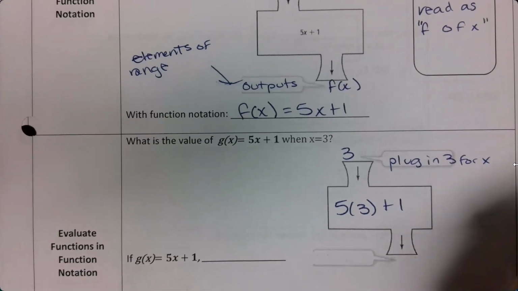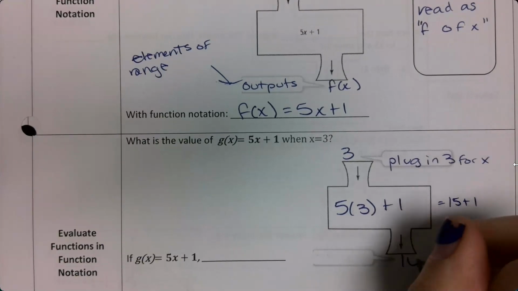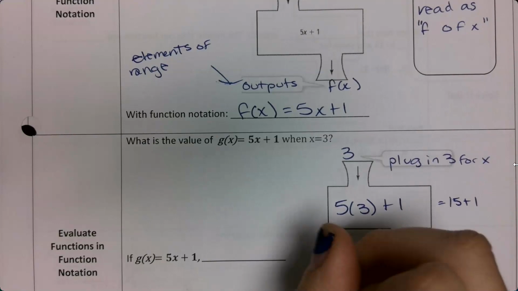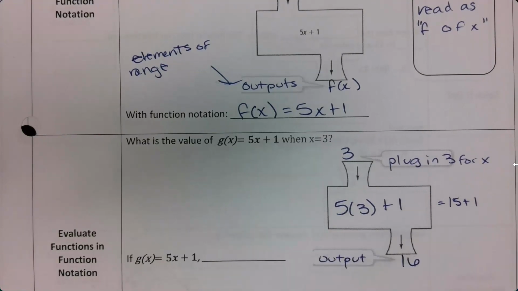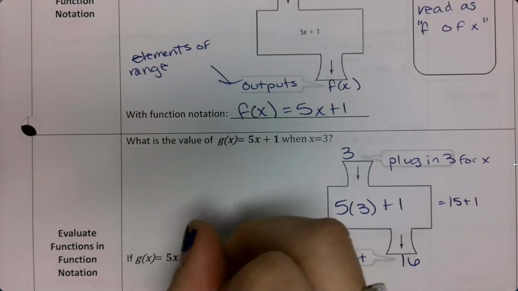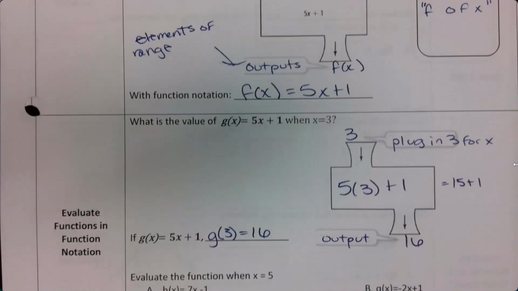What is 5 times 3? Yeah, so I get 16 out. So I'm going to write my answer as g of 3 equals 16. This means that when I plugged in 3, I got out 16.